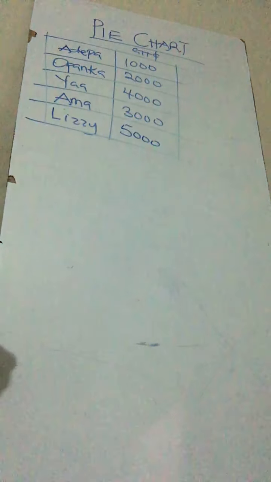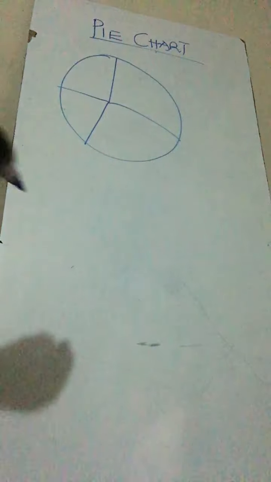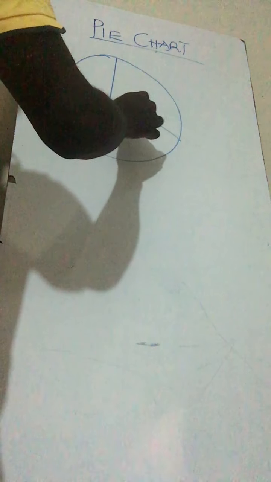If you are lucky and they draw the pie chart for you, they will omit one angle. Say 100 degrees, 50 degrees, 200 degrees.